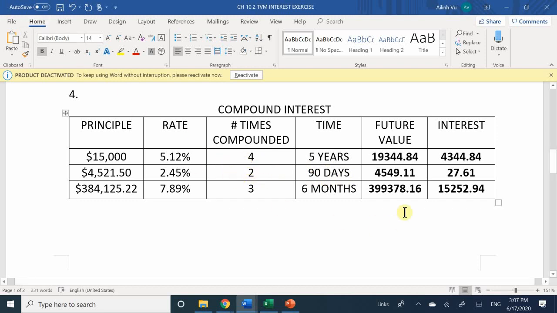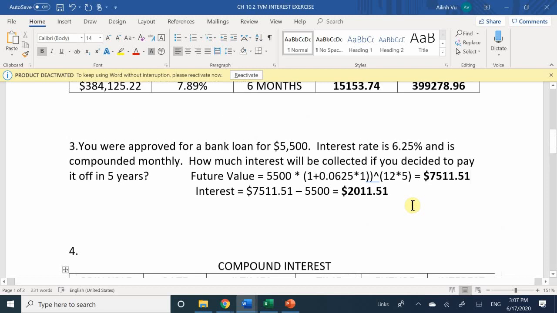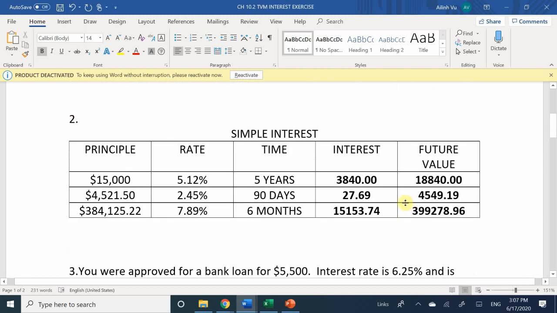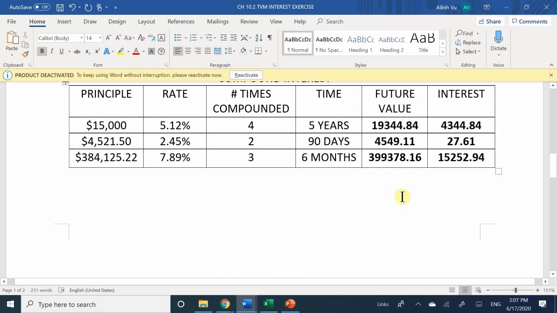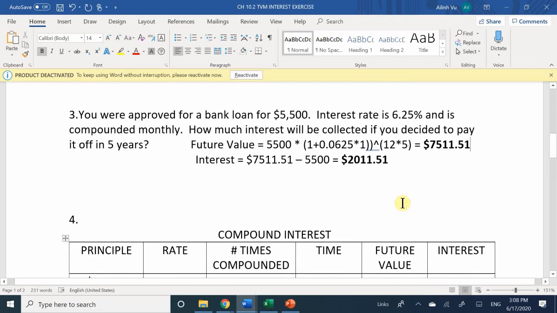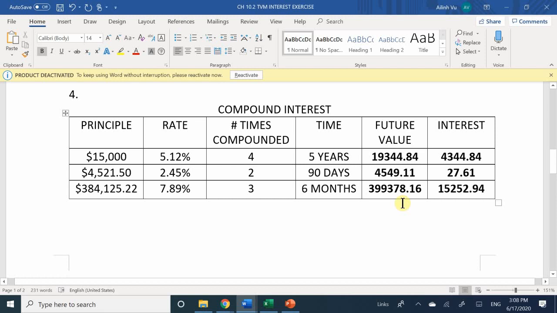Just looking at compare and contrast, you would generally be more likely to use compound interest for future things, okay? Depending on which benefits you better, this is what you can do to help you understand whether to make an executive decision to buy bank bonds or dump into a savings, whatever it is. You can actually calculate it right here.